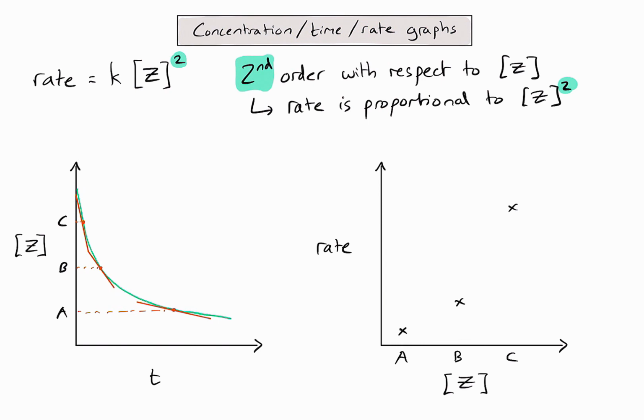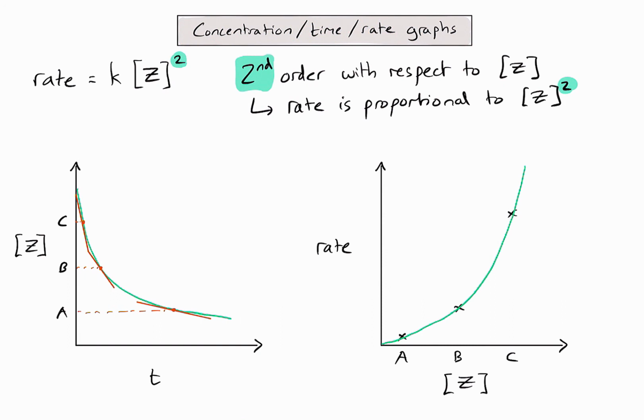And we can see here that the increase in rate between point A and B is much smaller than that between B and C. If I were to add a line of best fit, it might look something like this. And here you can clearly see the exponential increase in the rate as I increase the concentration of Z.